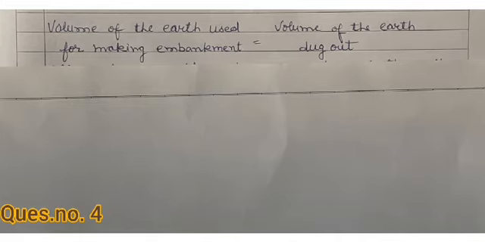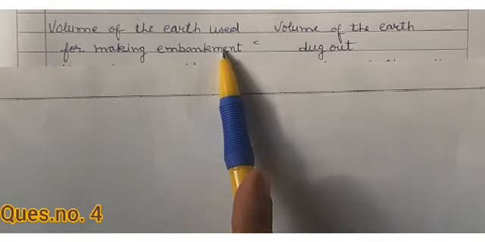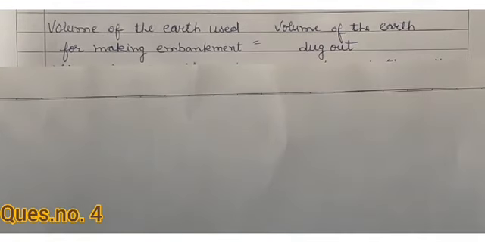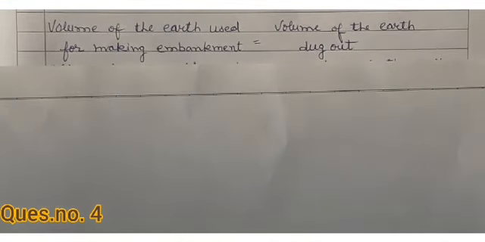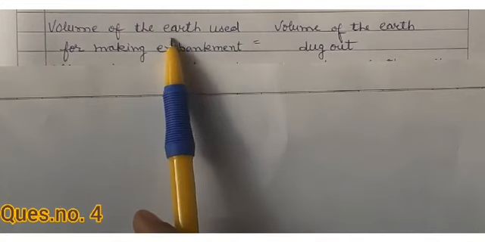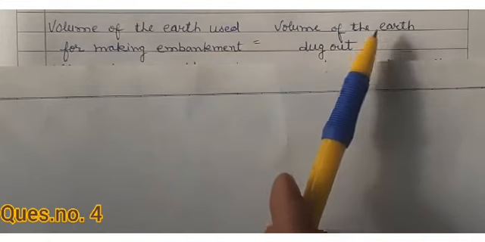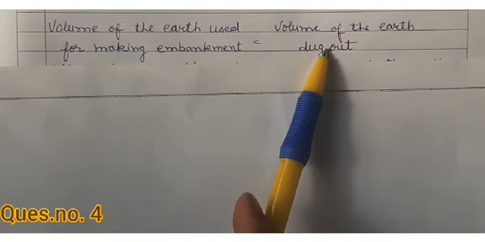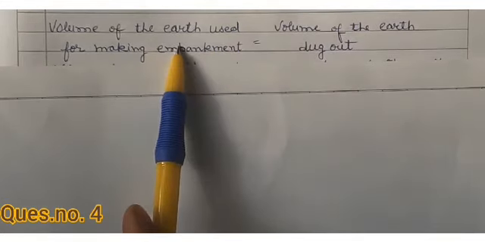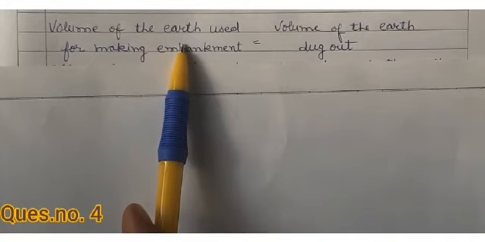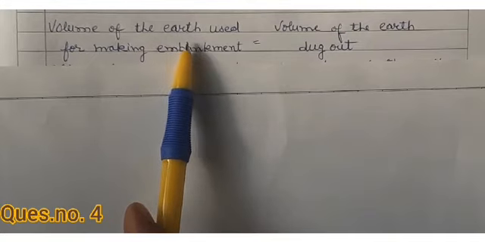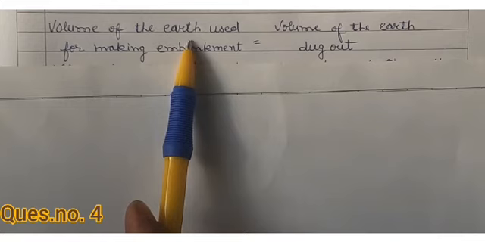Yes, now the volume of the earth used for making the embankment is equal to the volume of earth dug out. Whatever earth is coming from that well for making the embankment is equal to what? The volume of earth dug out from the well. The embankment is in the shape of a cylinder, just like a hollow cylinder, and the depth is also given to you.